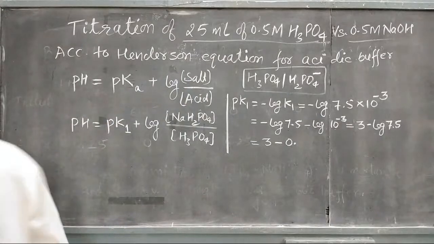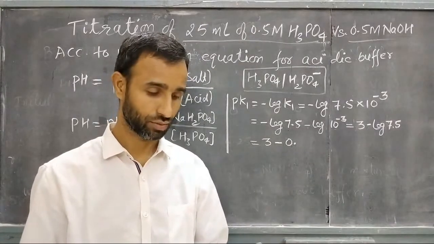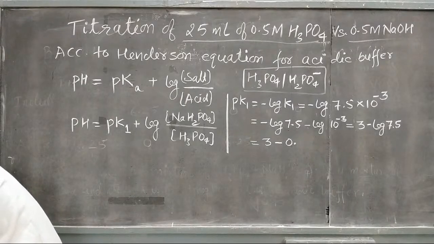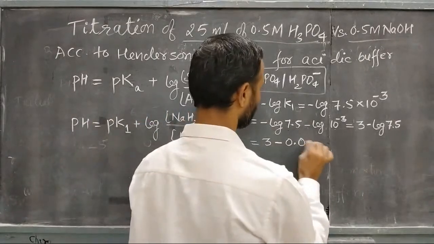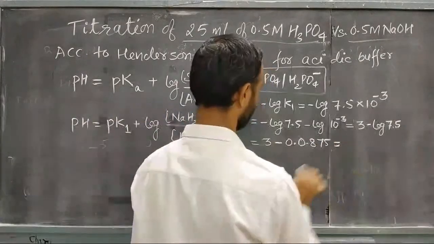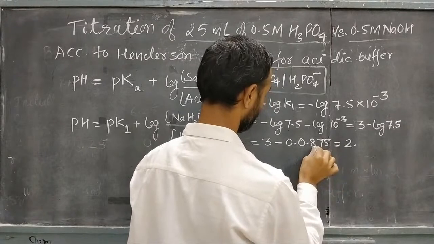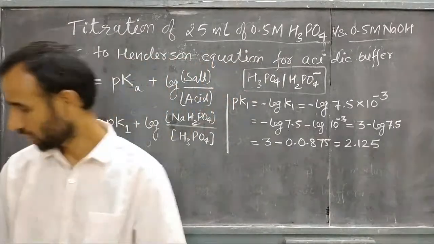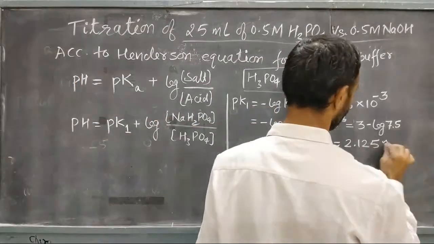So tell me, what is the value of log of 7.5? 0.875. Okay. So it is 3 minus 0.875, which is 2.125.